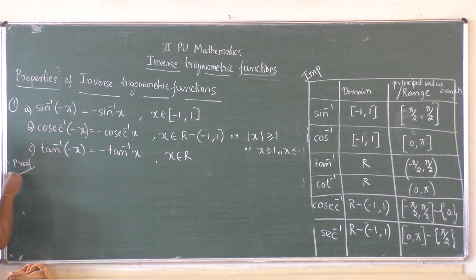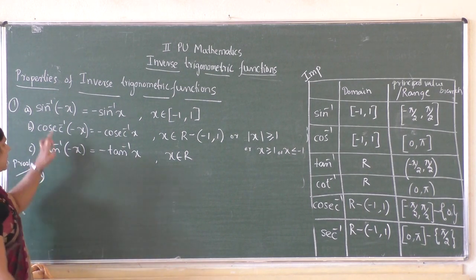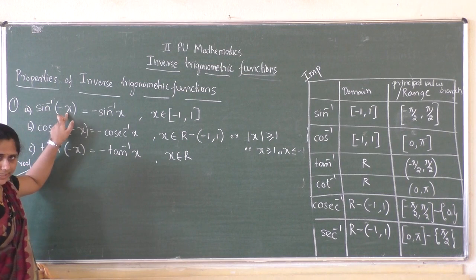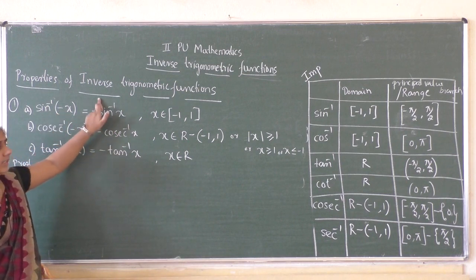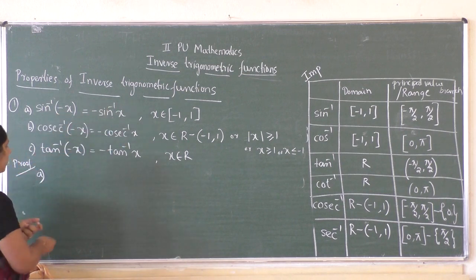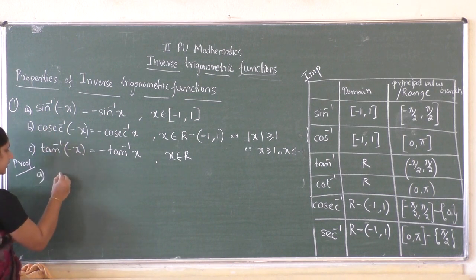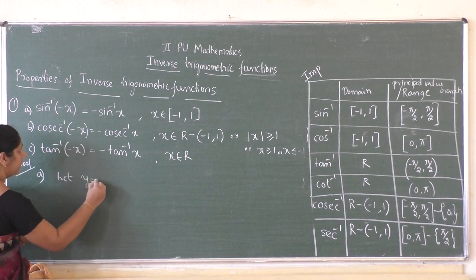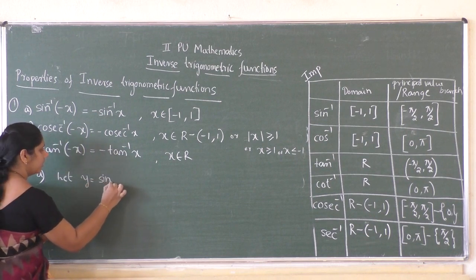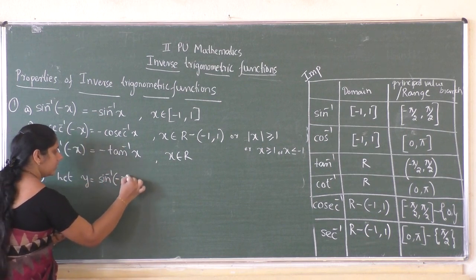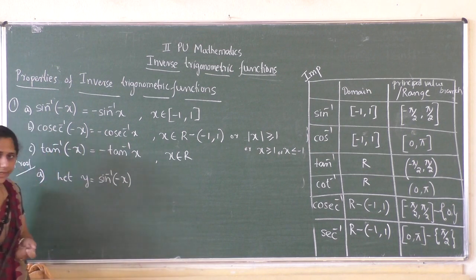So what is the first one? We have to prove sine inverse of minus x equal to minus sine inverse x, right? So I will consider, let y equal to sine inverse of minus x.